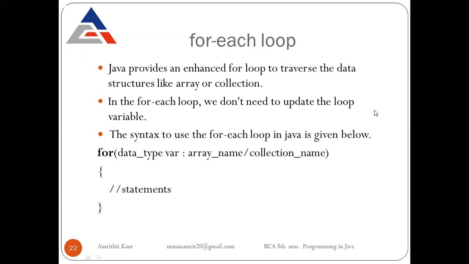Here we use an array or any collection, and there is no need to update the loop variable. The syntax for the for each loop is firstly the for keyword, then a data type, a variable name, like we want to assign a variable. After the colon there will be an array name or a collection, and in the body of the for loop we can write our statements.